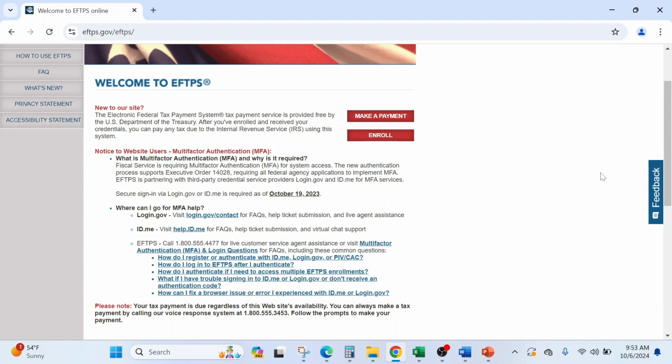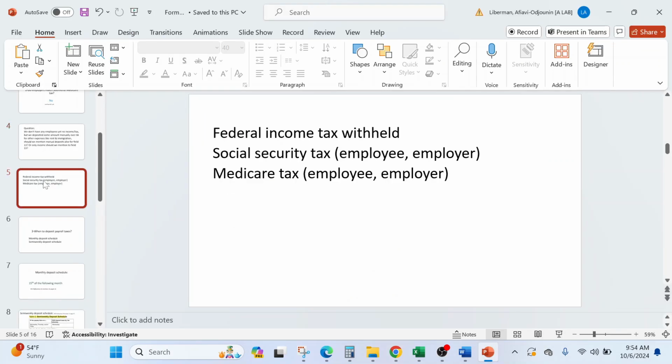When you are depositing in this account, it is those payroll taxes that you are depositing, and that's why they are asking you on line 13 of Form 941: federal income tax withheld that you deposited, Social Security tax that you withheld from employees and your business portion of it, both of them that you deposited in your EFTPS account, Medicare tax employee portion that you withheld from their wages, and the employer portion, both that you deposited in your EFTPS account for that particular quarter. That's what they are asking you.